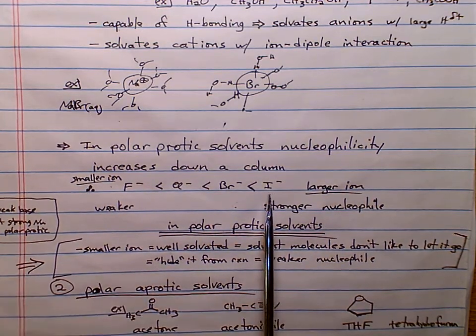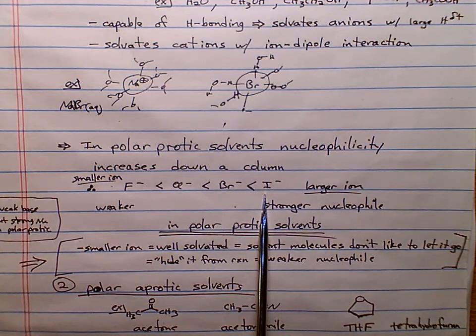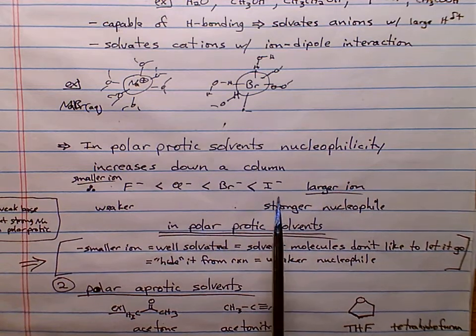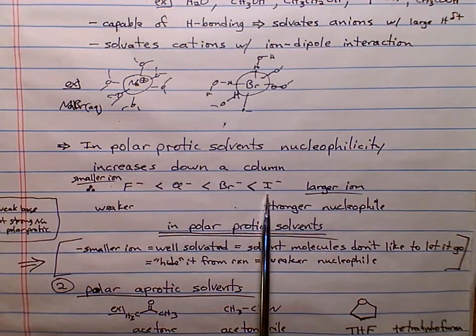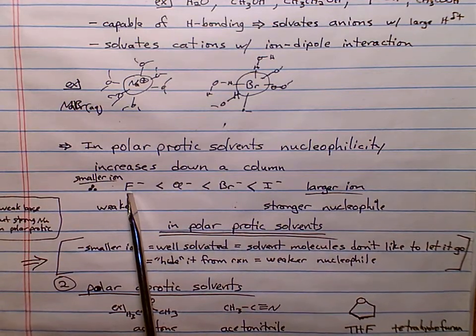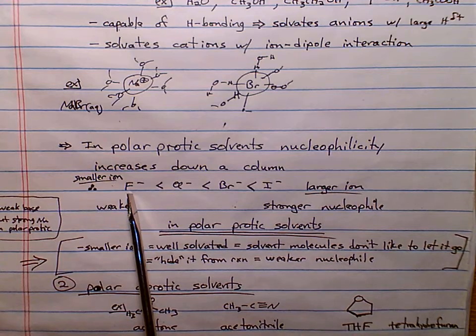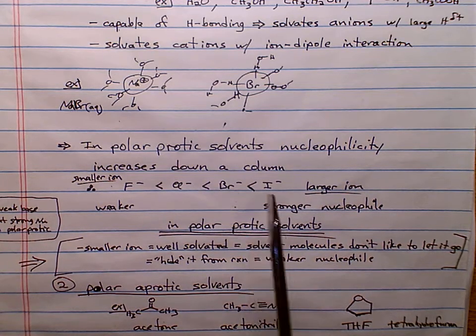We expect iodide to be a very, very good leaving group and a poor nucleophile, because HI is a stronger acid than any of these guys. We expect F minus to be a fairly okay nucleophile, but a poor leaving group. And that is normally what we find in normal organic solvents, which are not polar protic.